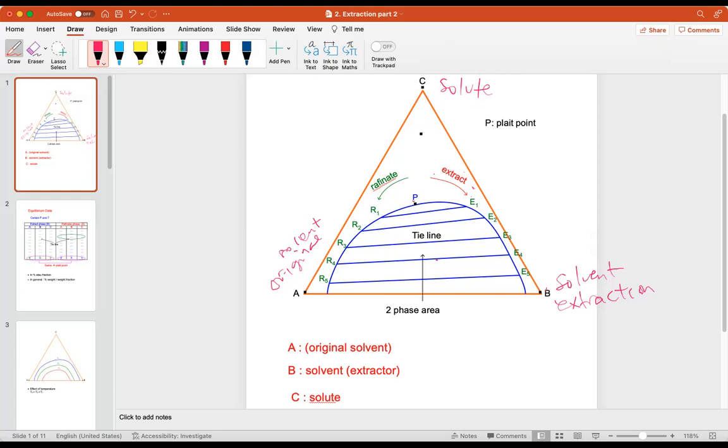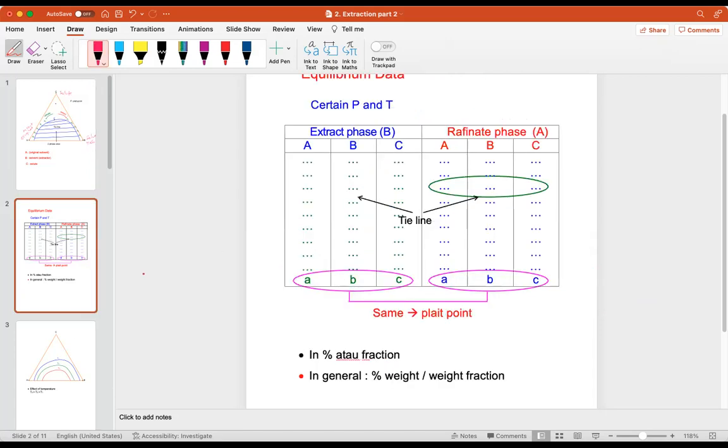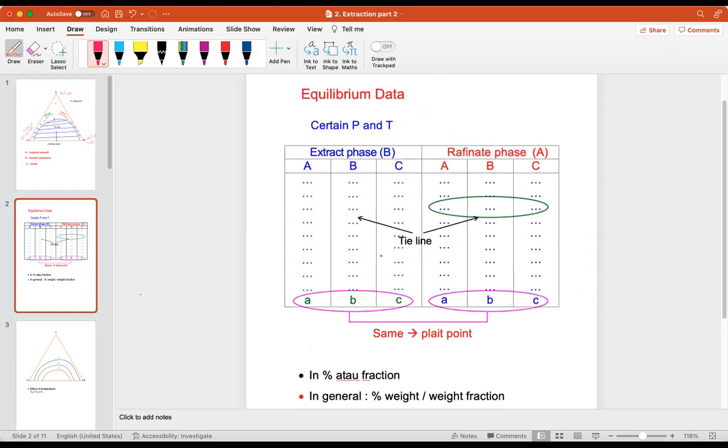Each point around this area will be separated into extract and also raffinate. Okay, so what does the equilibrium data look like?